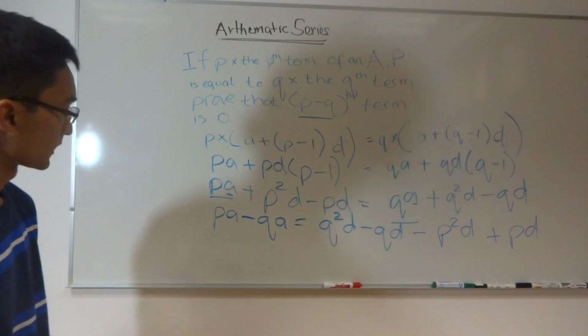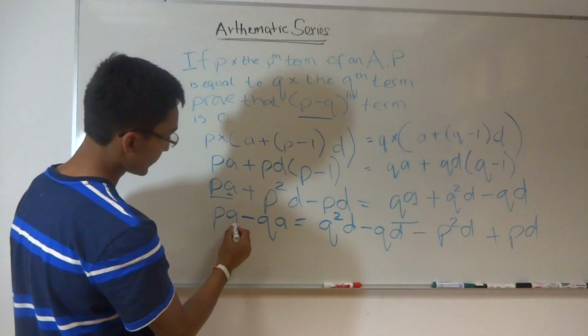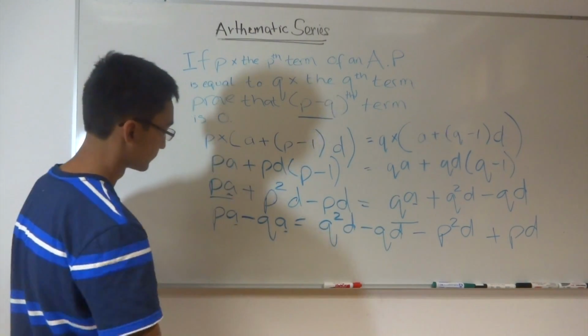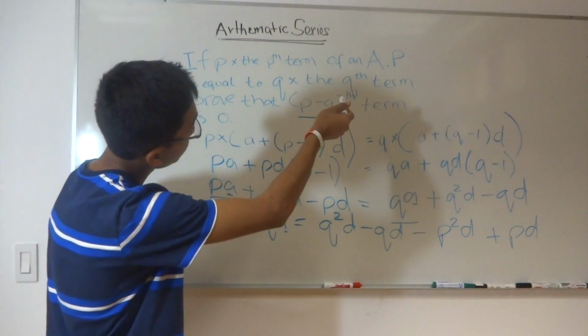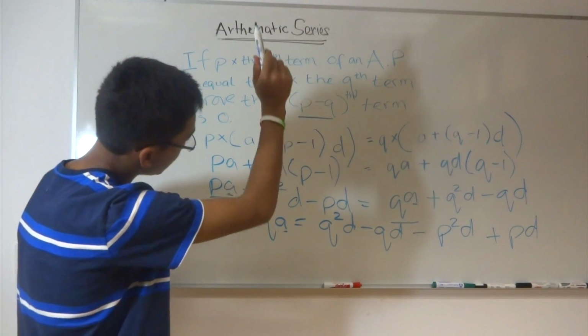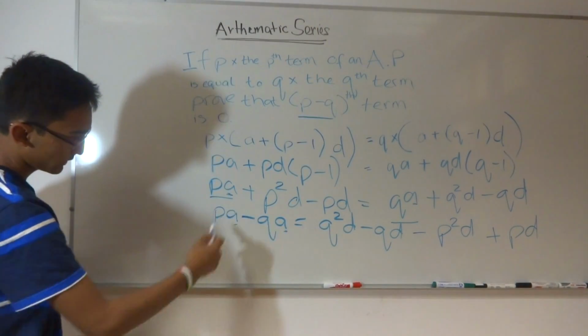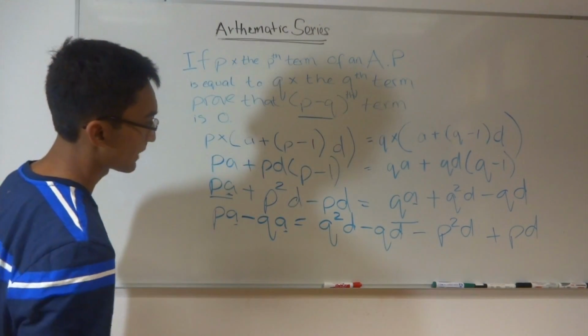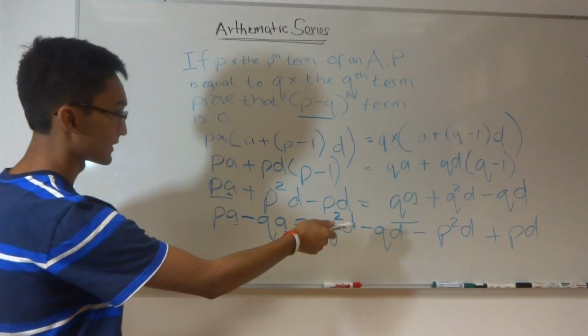Now I'll basically take a as common, because you've seen it up there. We want the p minus q to come. Don't worry about the a, we'll see what happens. We might cancel with some stuff over there.